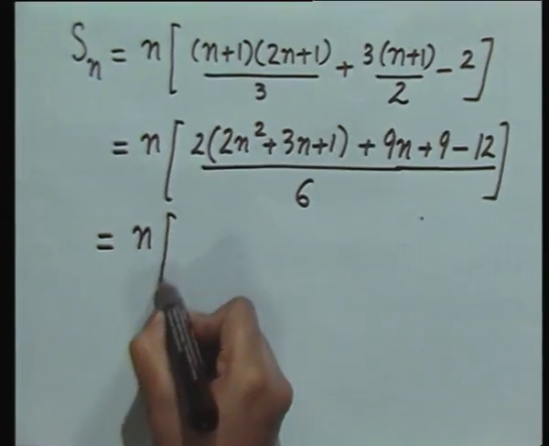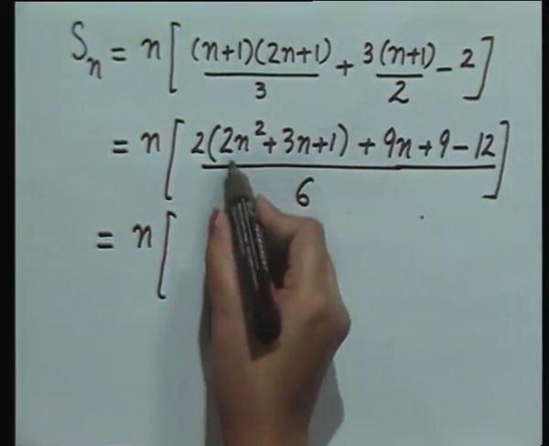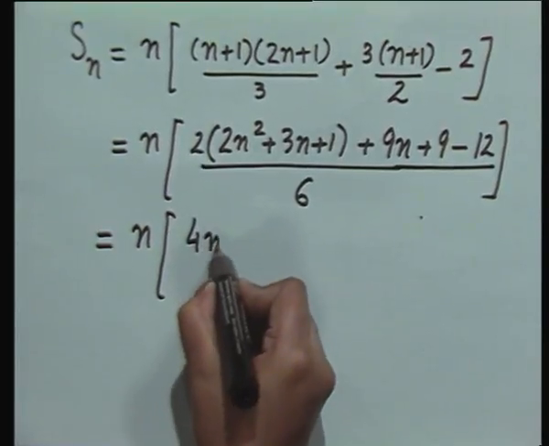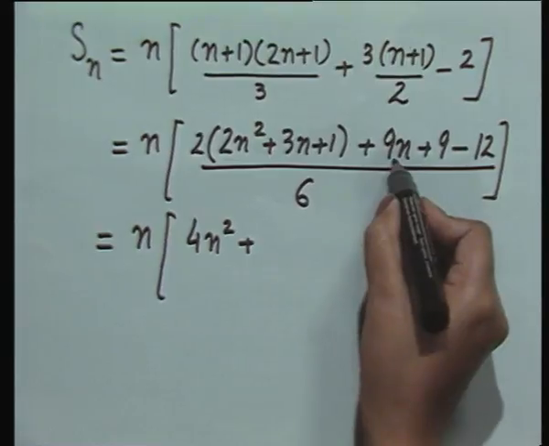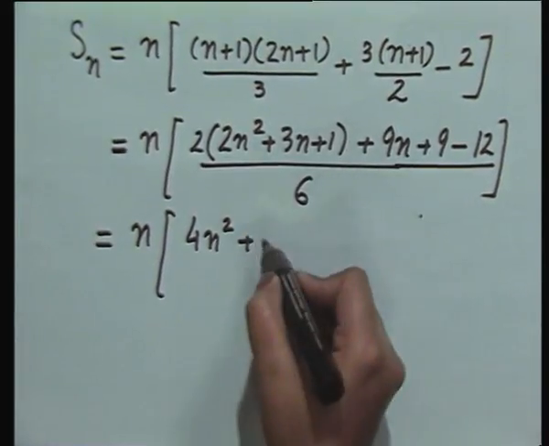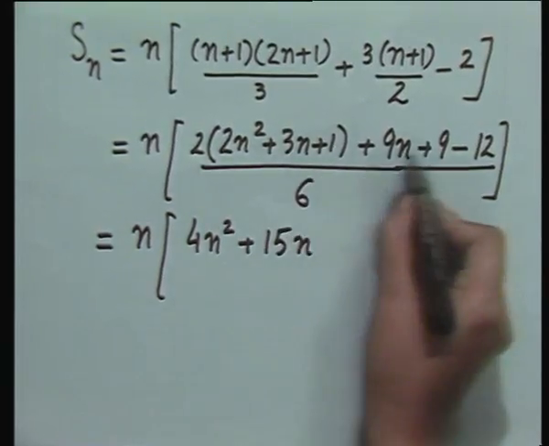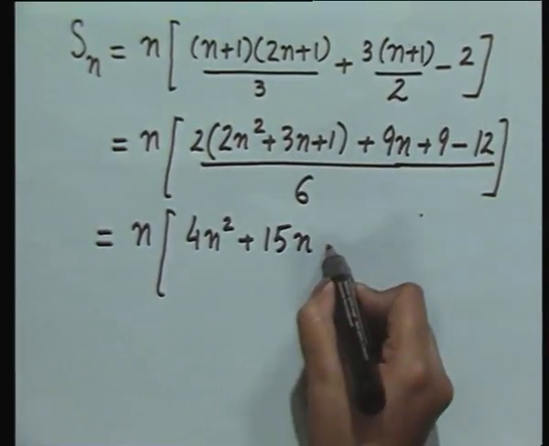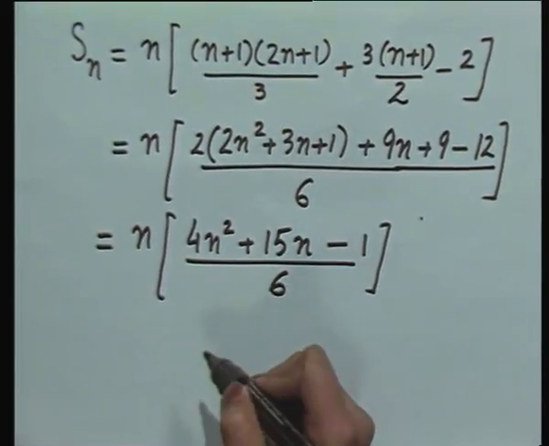And therefore, it will be all simplified to n times of, just have to go on simplifying as and where possible, 4n square plus 6n we get from here, and you have 9n, and that will make it same as 15n. 2 plus 9 is 11, 11 minus 12 will make it minus 1 by 6, and that can be easily taken as your final answer.